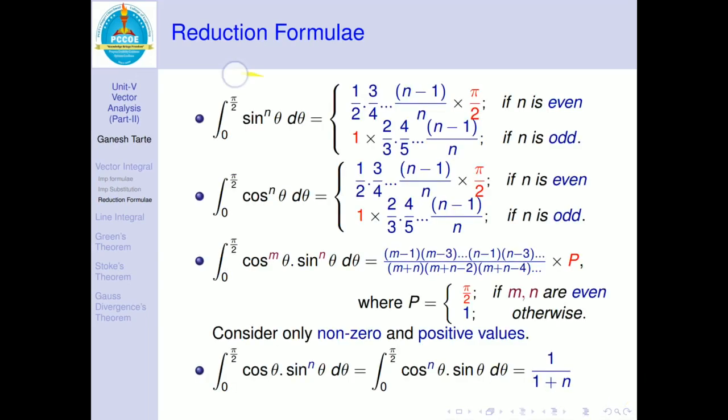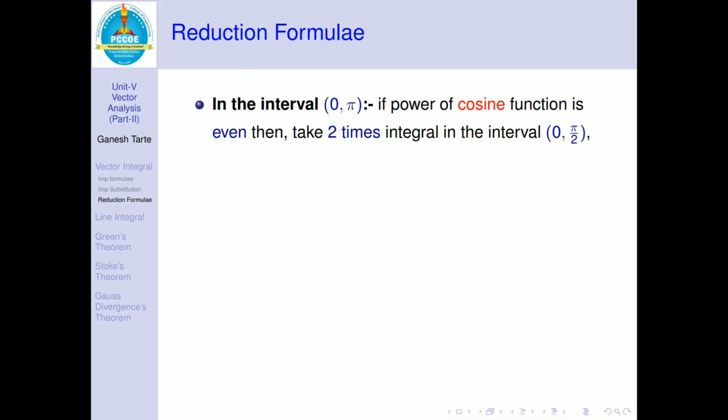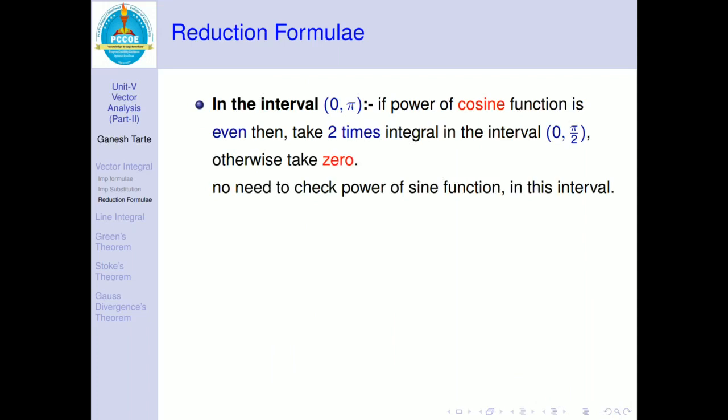Then next one. If you observe carefully, all these formulas are applicable for 0 to pi by 2. So what about the remaining standard intervals? In the interval 0 to pi, if the power of the cosine function is even, then we take 2 times the integration in the interval 0 to pi by 2. Otherwise we take 0.